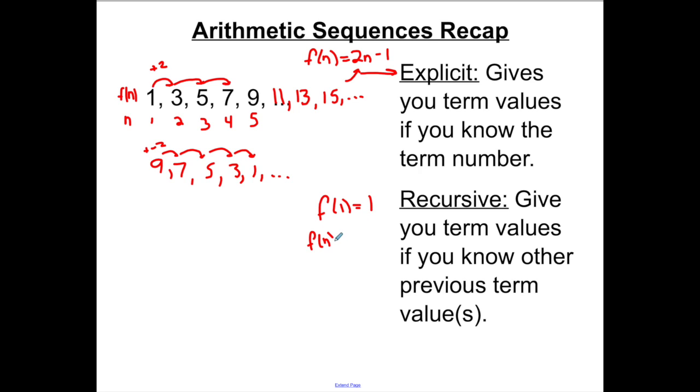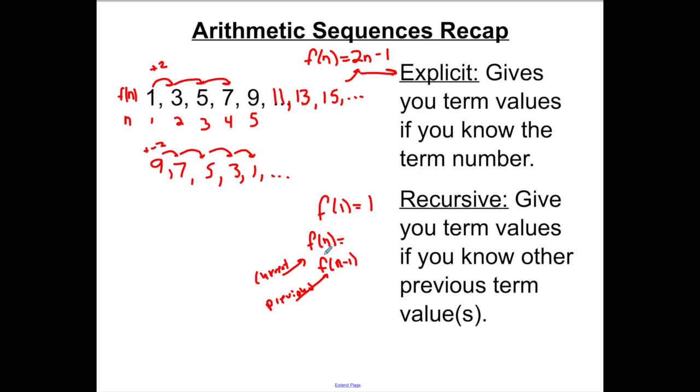And then you need to tell me, if I want to find out a term, how do I get it? This is the current term. How do I get it? By using the previous term. Remember, n represents the term number. So if this is a term, this is the term right before it.